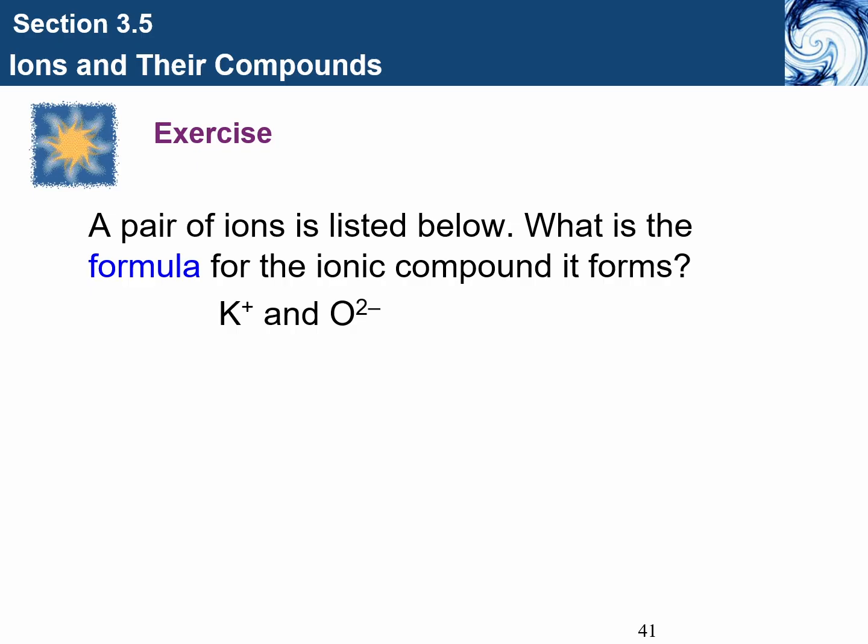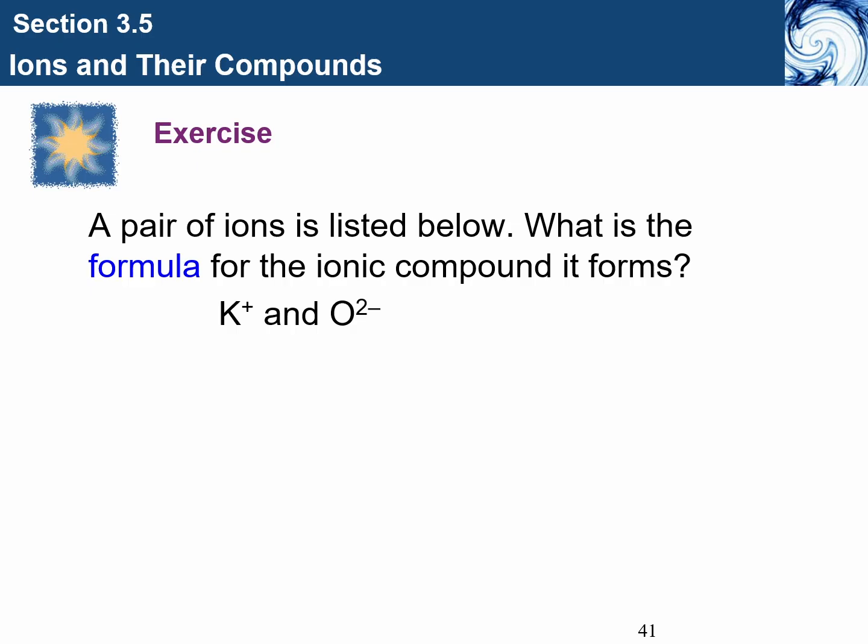So we need the smallest whole number combination to get those charges to be 0. If I have a +1 and a -2, how can I get the total charge to be 0? If I put 2 potassiums, that's right. So with my 2 potassiums and their positive charges balancing out the -2 charge from the oxygen would give us 0.